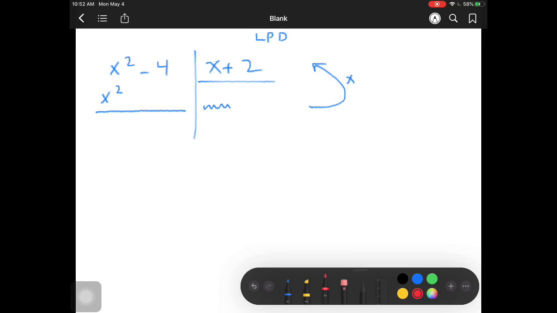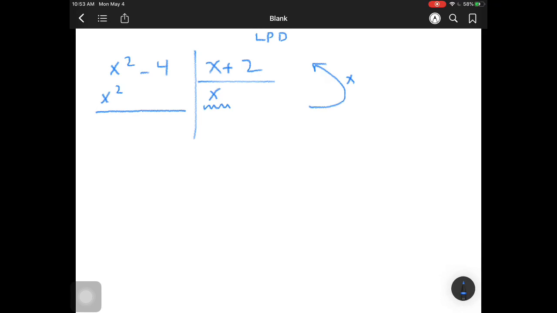So what do you multiply by x plus 2 to give you x squared? The answer is x. You carry out your multiplication. This is x squared plus 2x because x multiplied by x plus 2 is x squared plus 2x. So you're doing just regular multiplication.